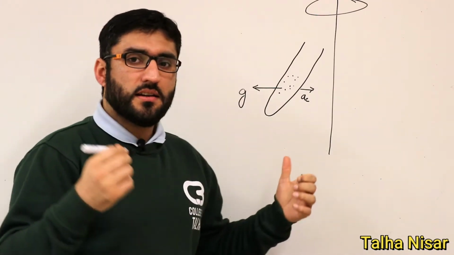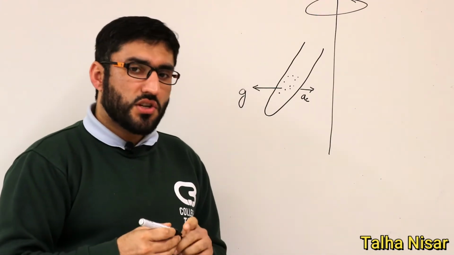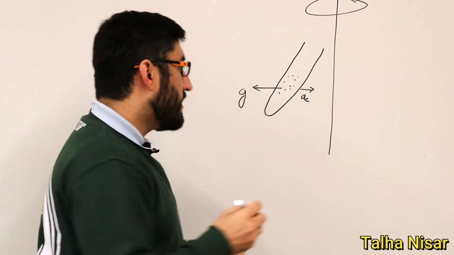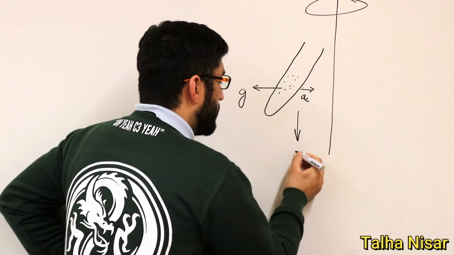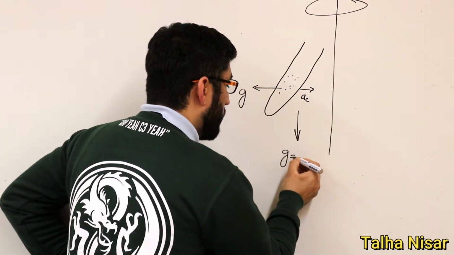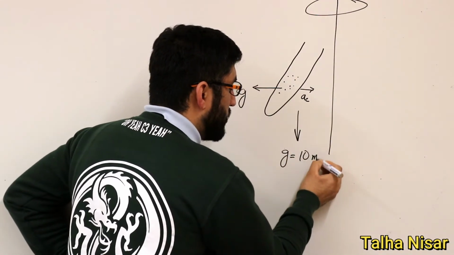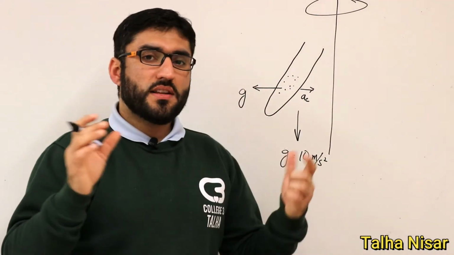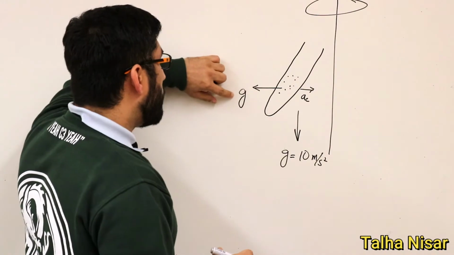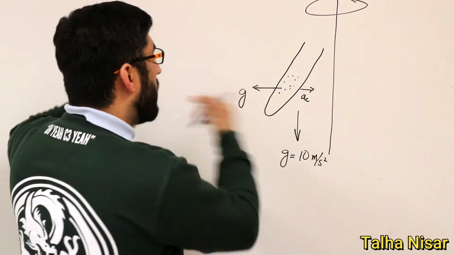Of course, there will always be the gravitational force due to the Earth's gravity, in the downwards direction, with a value of around 10 meters per second squared. Now we want to know the value of this acceleration which is outward.